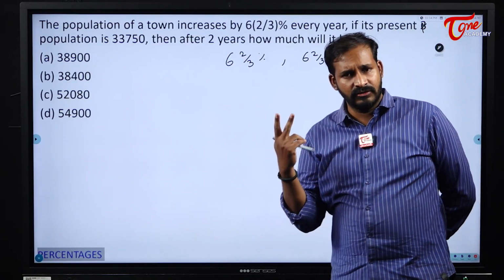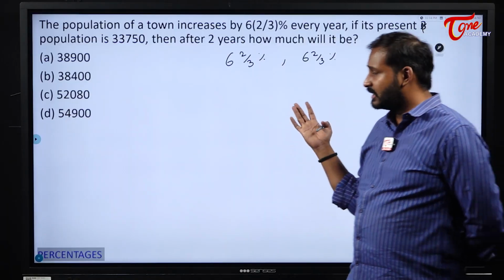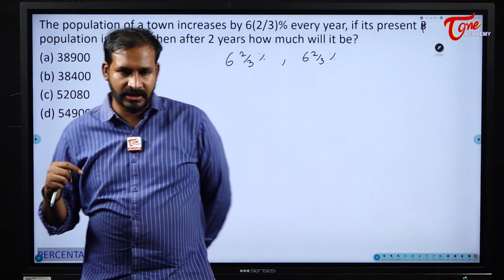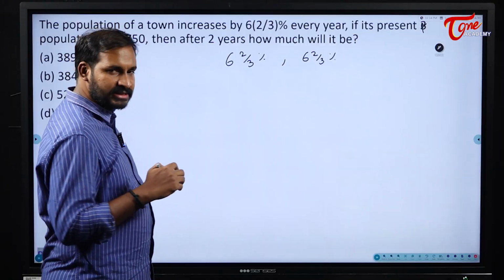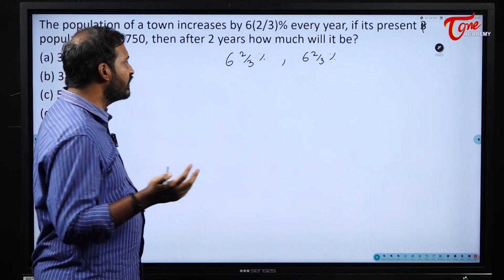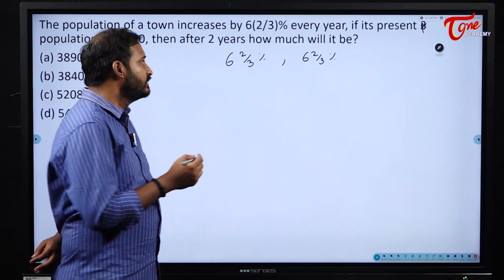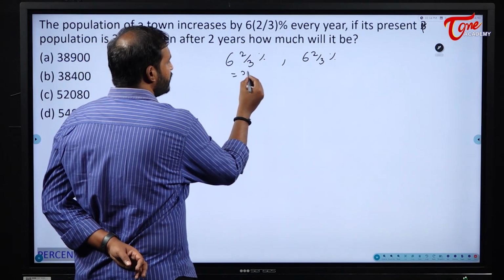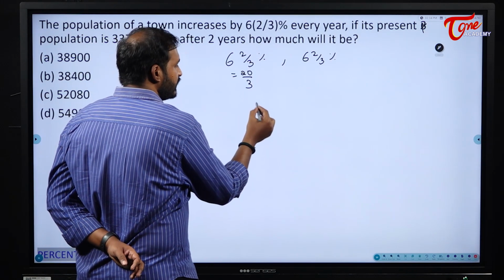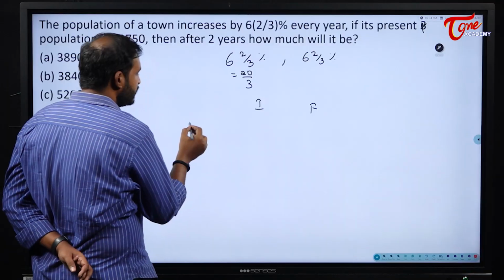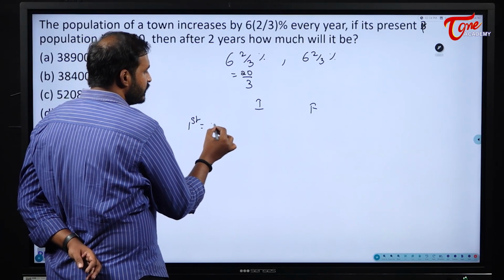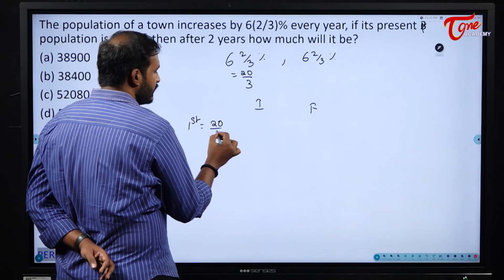As I already told you, you can do it with effective percentage or the simple shortcut method which we have. First of all, 6 2 by 3 percentage means what? Actually it is 20 by 3. If you write it in the normal form, it becomes 20 by 3. So, initial, final. When it is first increased by how much? 20 by 3 percentage.